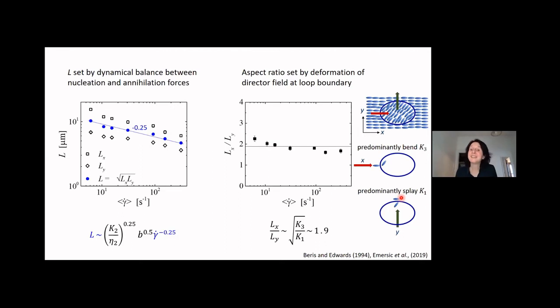And now evaluating the elastic deformation at the loop boundary gives us a scaling for the aspect ratio that depends on the square root of the bend elastic constant over the splay elastic constant, and predicts an aspect ratio of 1.9, which is in fair agreement with what we see in our experiments.